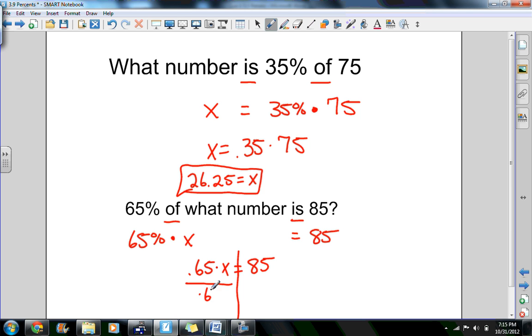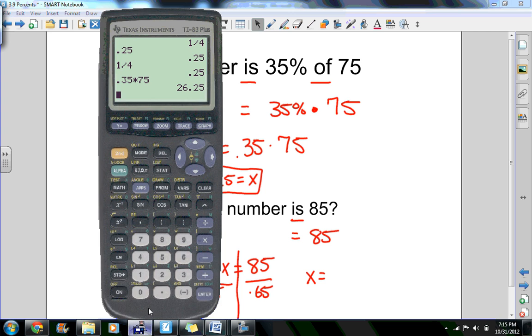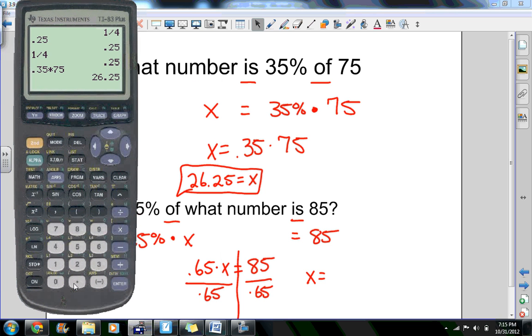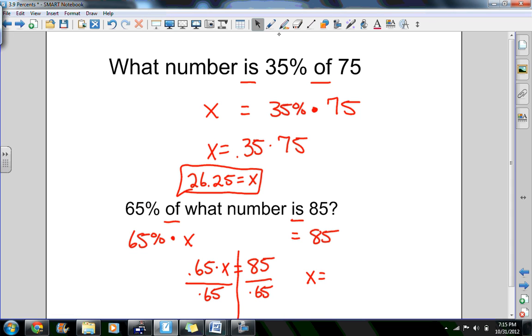So I divide by that 0.65, just like we did for the last couple chapters. And so my x equals 85 divided by 0.65, which is about 132.3. And obviously you can round on some of these.